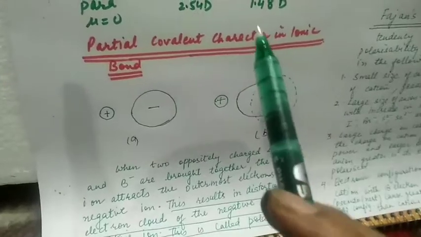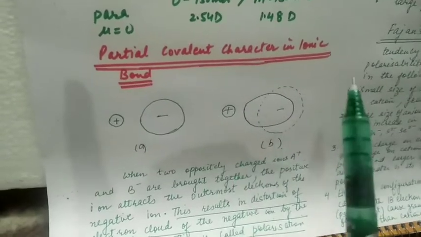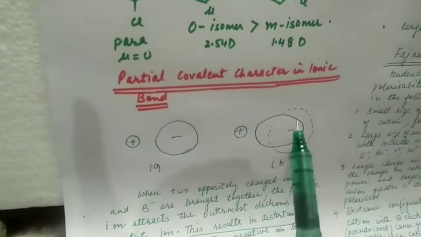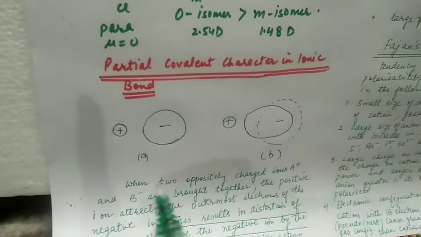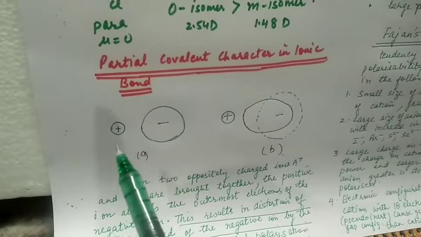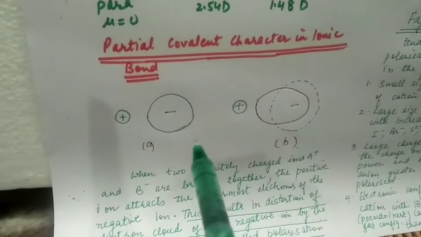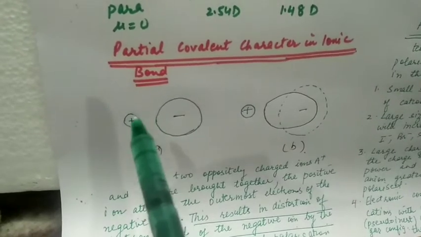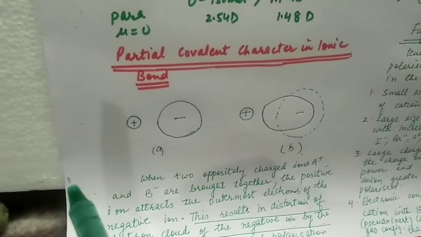So the partial covalent character in an ionic bond. This covalent character results because of a process called polarization. To understand polarization, let us assume that this is a cation and an anion under ideal conditions. So you can see spherical nature of both cation and anion.